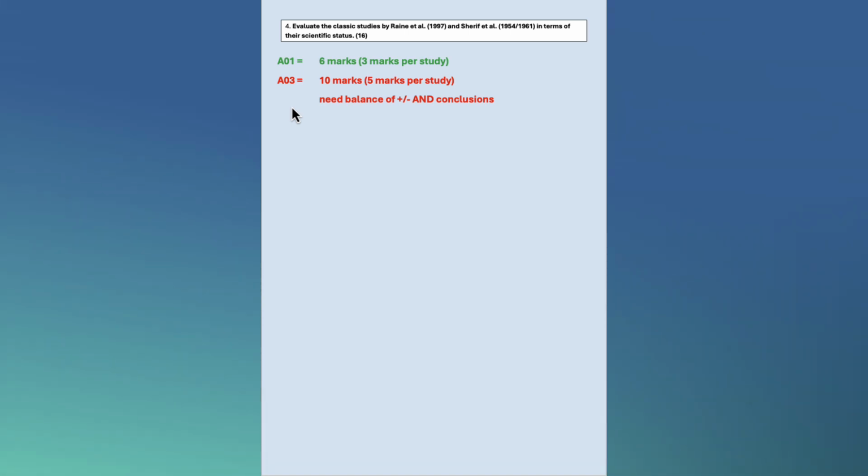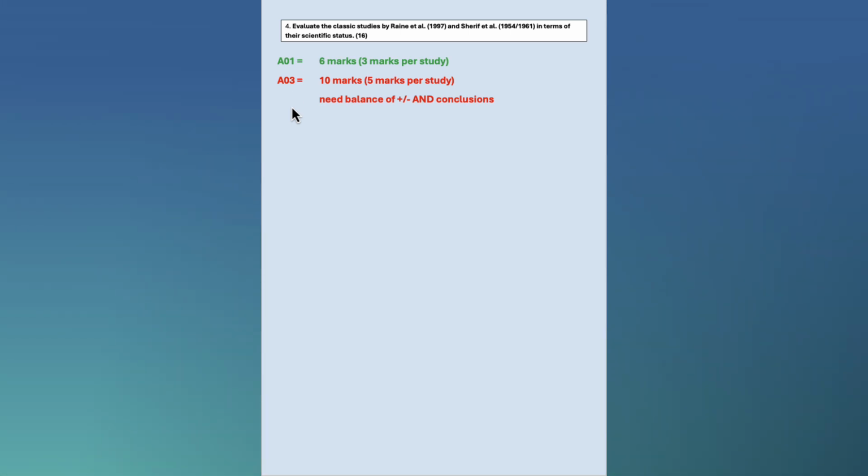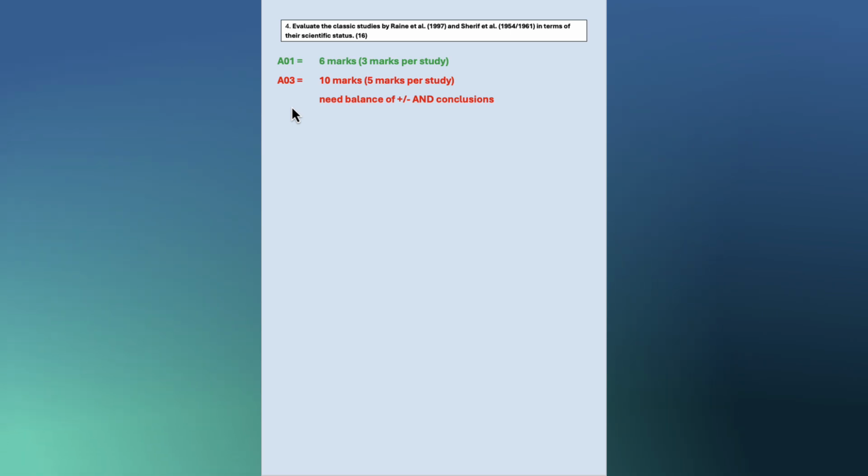So we've got to think about some of those things that we talked about earlier. That could be validity, it could be whether it's replicable, it could be to do with whether it is controlled, is it experimental? All those sorts of things can come in.